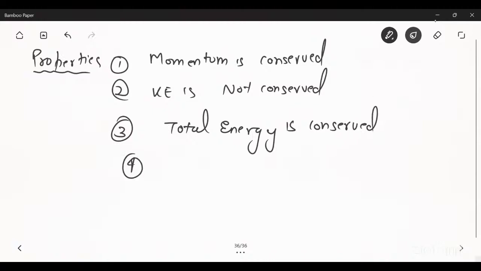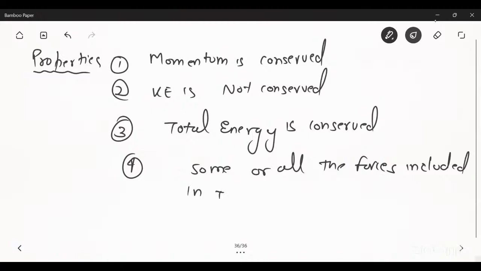Fourth one, some or all the forces involved in inelastic collision may be conservative.